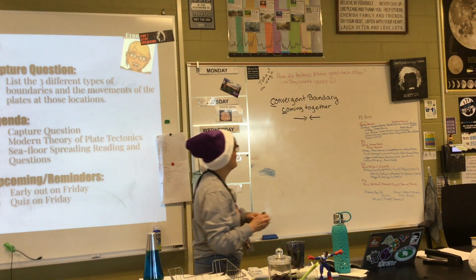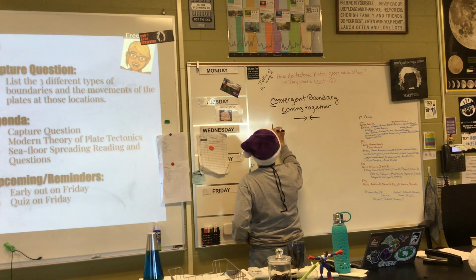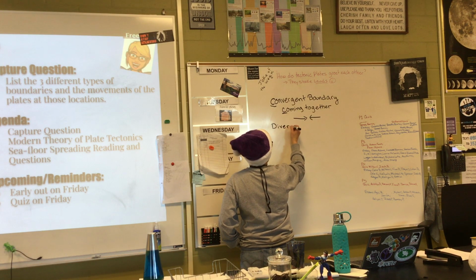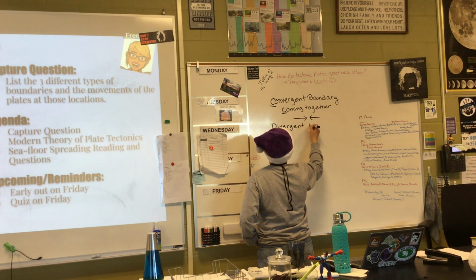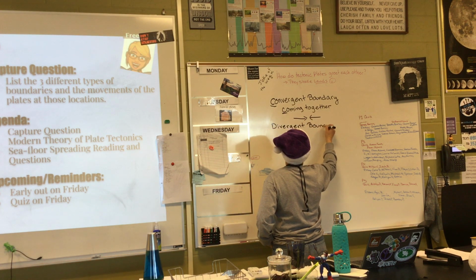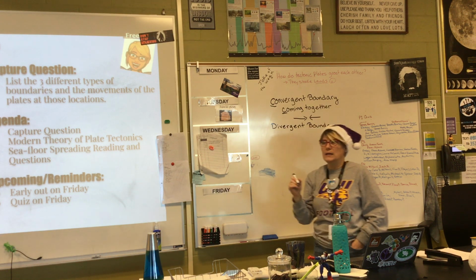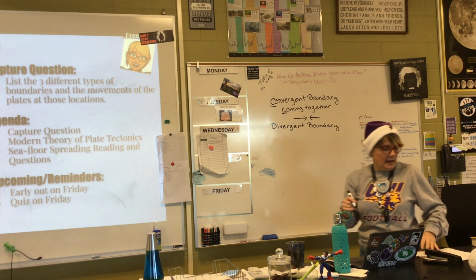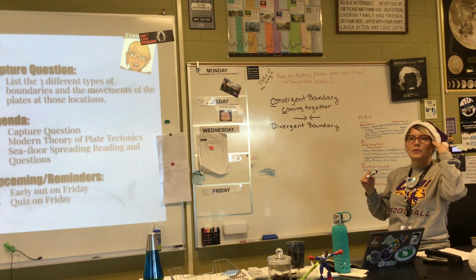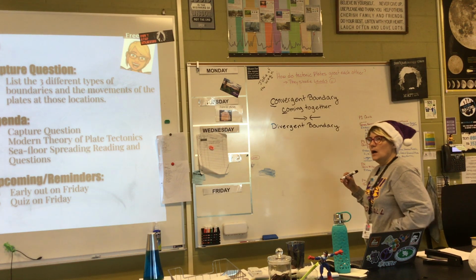Braden, give me one. Divergent. Divergent, that's another good one. Divergent boundary. Now, somebody other than Asa and Braden and Will, tell me, at a divergent plate boundary, what are the plates doing? Ethan? They're moving away.